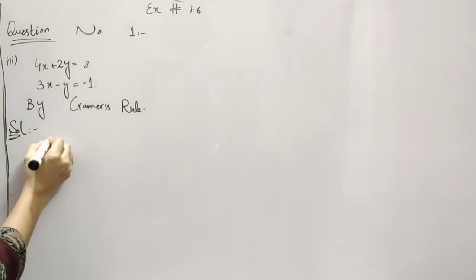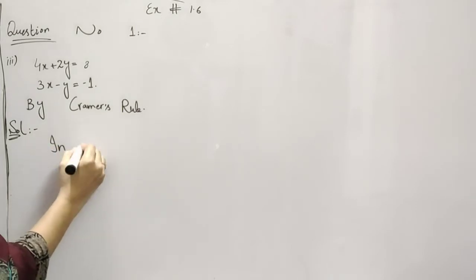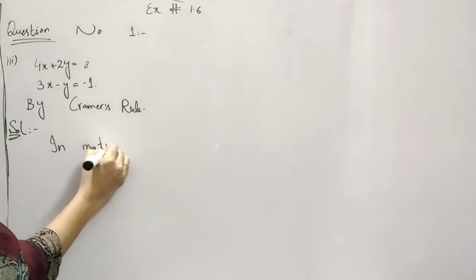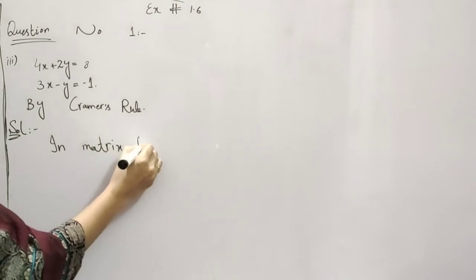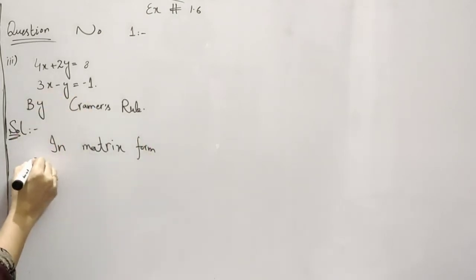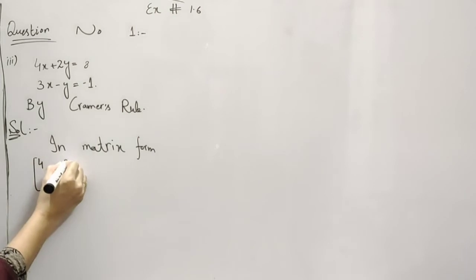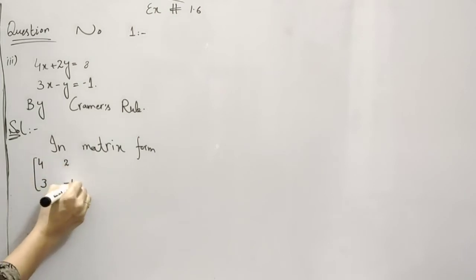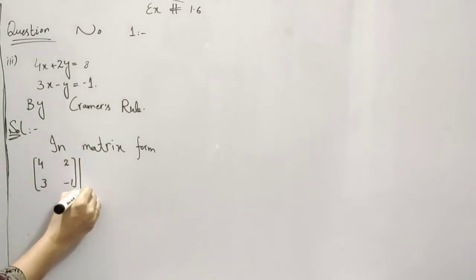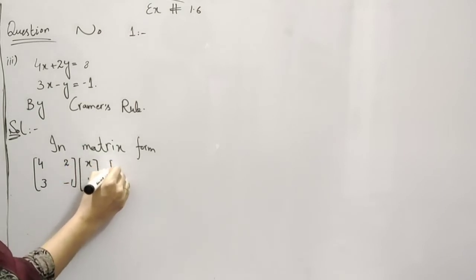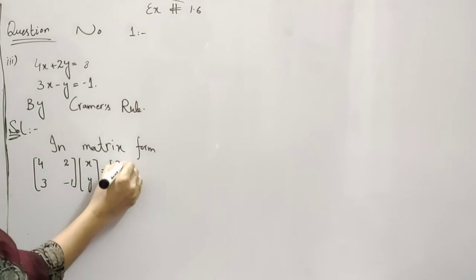So we can convert it into matrix form. This will be equal to [4, 2; 3, -1], the variables are x and y, and it will be equal to [8; -1].